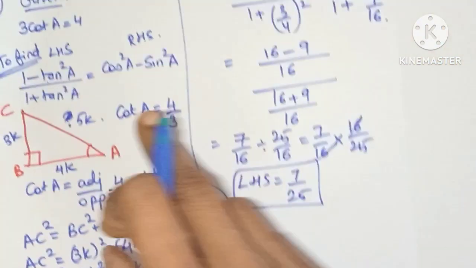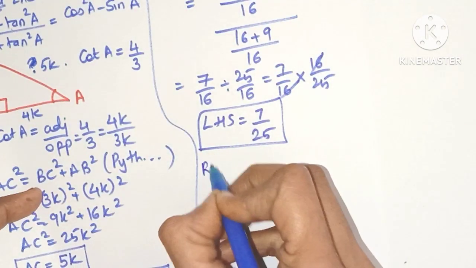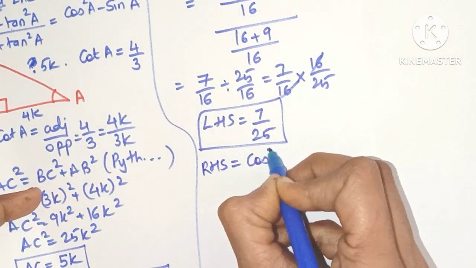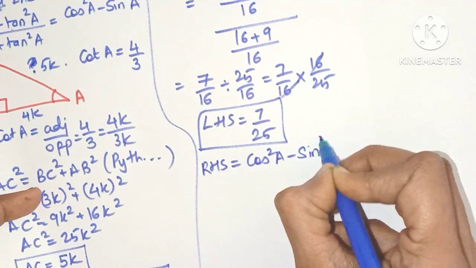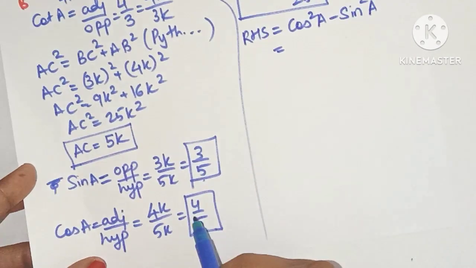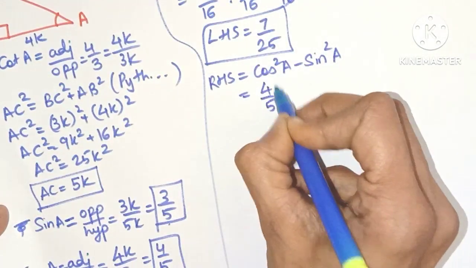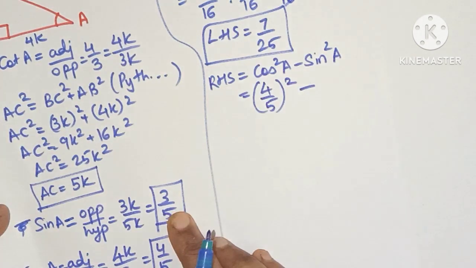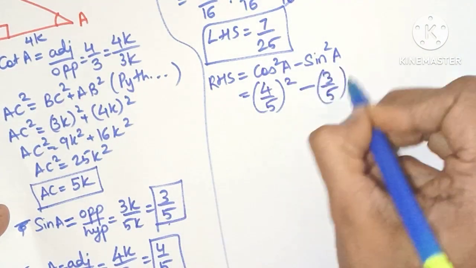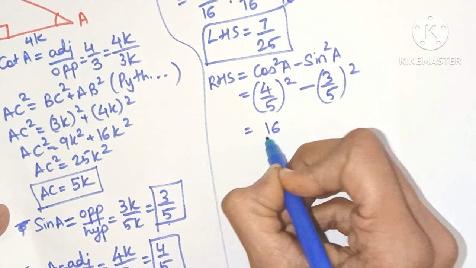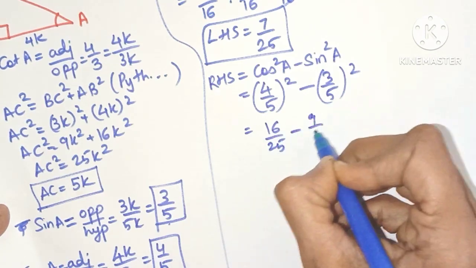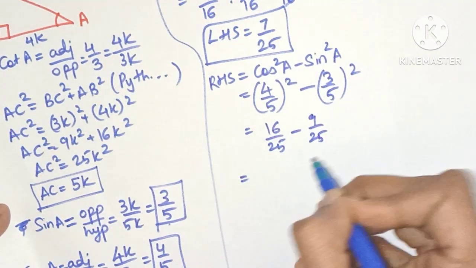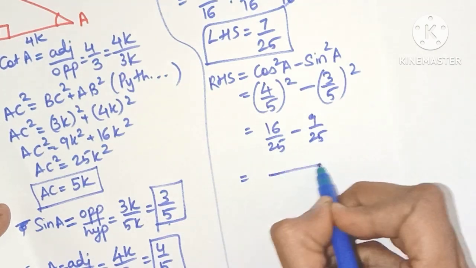Now let's quickly go to the RHS part. What is the RHS? Cos square A minus sin square A. Now let's substitute. Cos A is 4 by 5 the whole square. Sin A is 3 by 5 the whole square. So this is nothing but 16 by 25, 9 by 25. The LCM is same. The denominator is same.